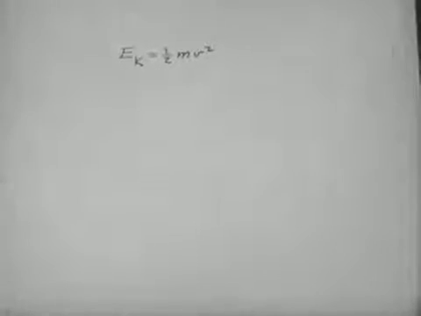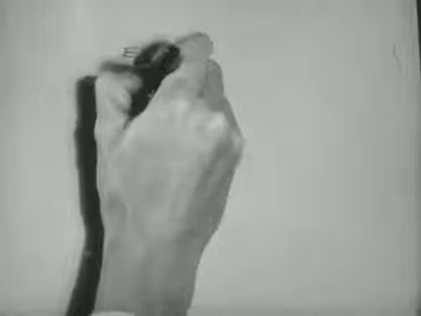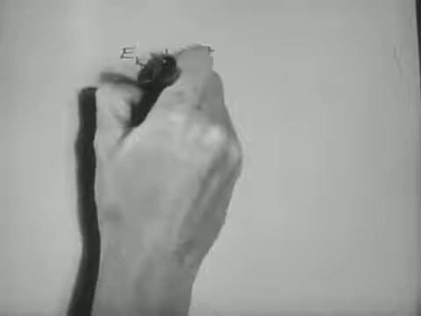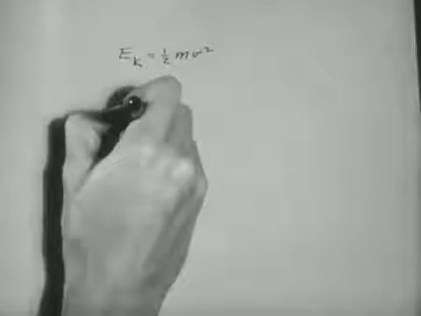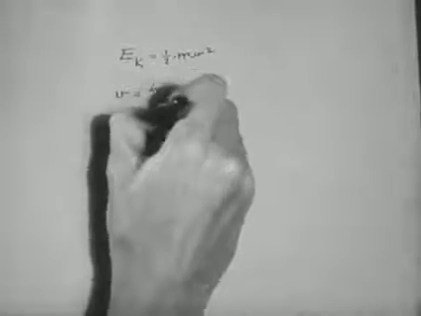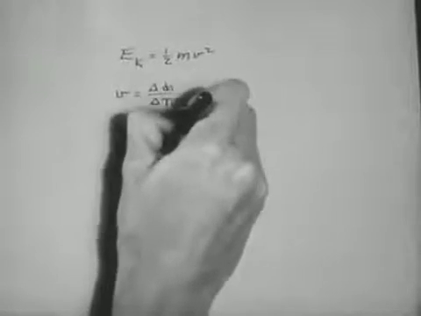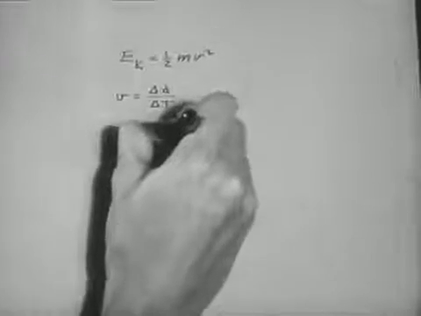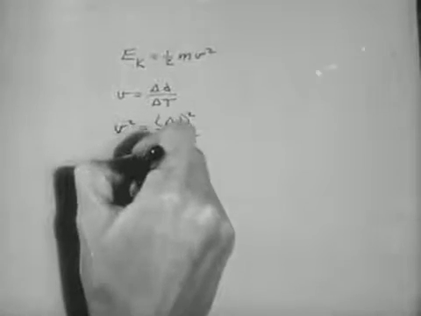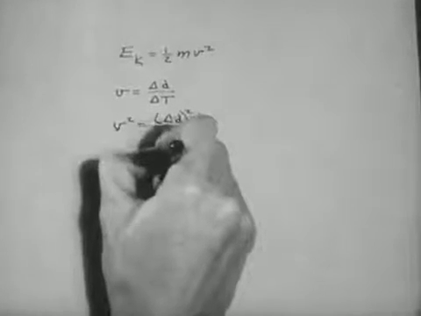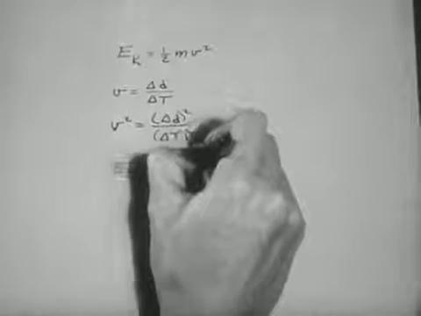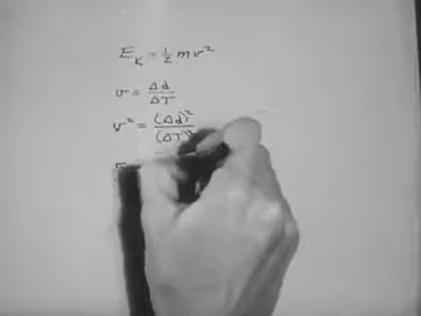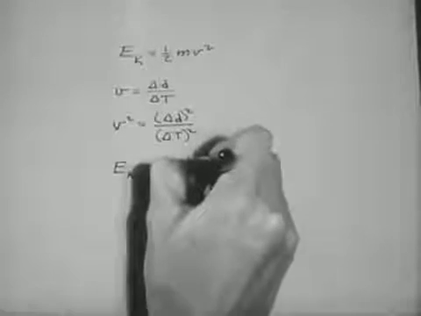And the average velocity during each interval, delta D divided by delta T. The velocity squared is delta D squared divided by delta T squared. Now, the kinetic energy, 1/2 m delta D squared divided by delta T squared.